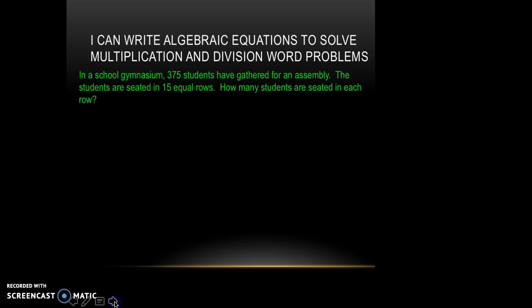Okay, let's take a look at this word problem. In a school gymnasium, 375 students have gathered for an assembly. The students are seated in 15 equal rows. How many students are seated in each row? All right, so what's happening? Okay, so we've got students sitting for an assembly.